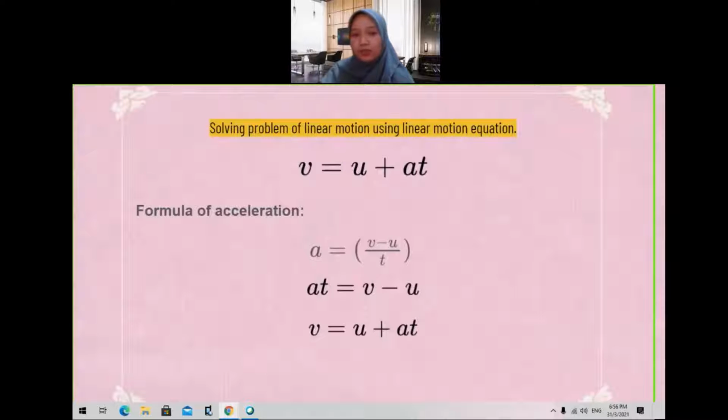So the first one, V equals U plus AT. We get this from the formula of acceleration, A equals final velocity minus initial velocity, divided by the time, and you will get V equals U plus AT.